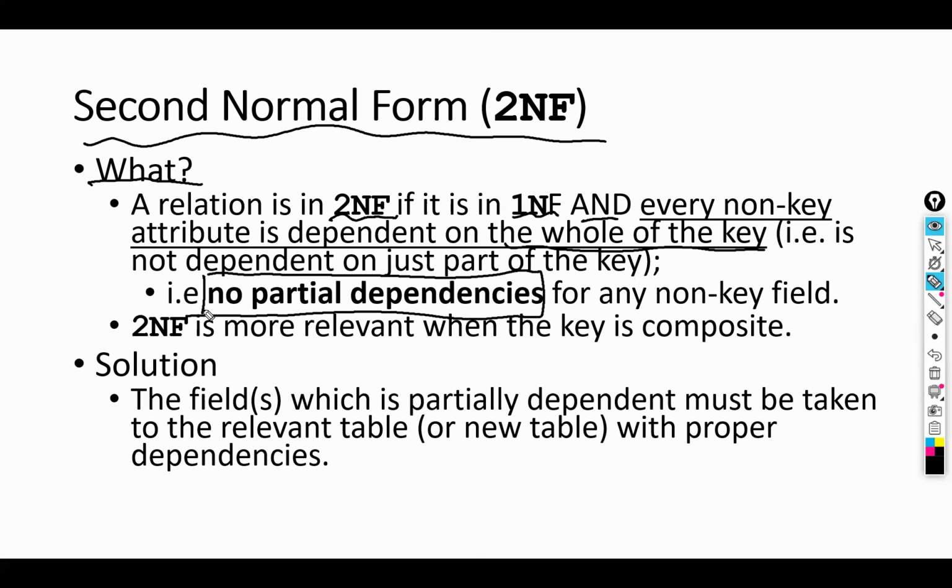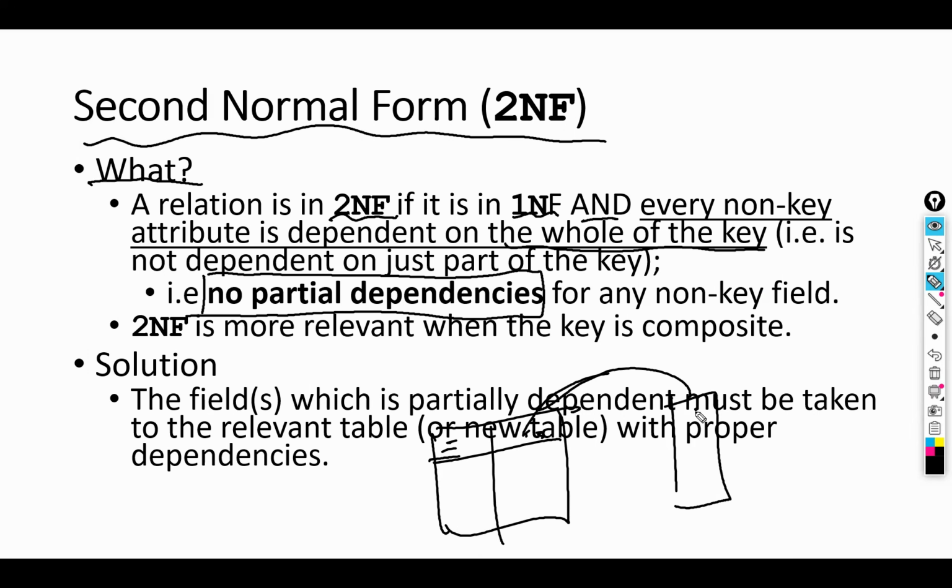This is mostly important when you have composite primary keys. If you have a non-key field, that non-key field must depend on the full key, not just part of it.